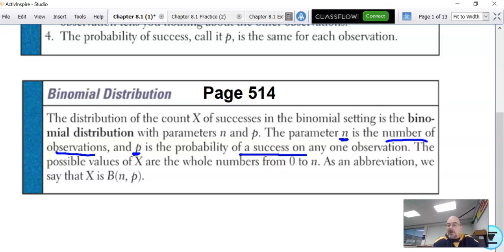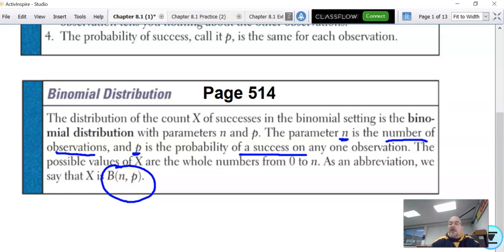The possible values of X are the whole numbers from 0 to n. As an abbreviation, we say B for binomial, parentheses, lowercase n for the number of observations, and p for the probability of success on each observation.